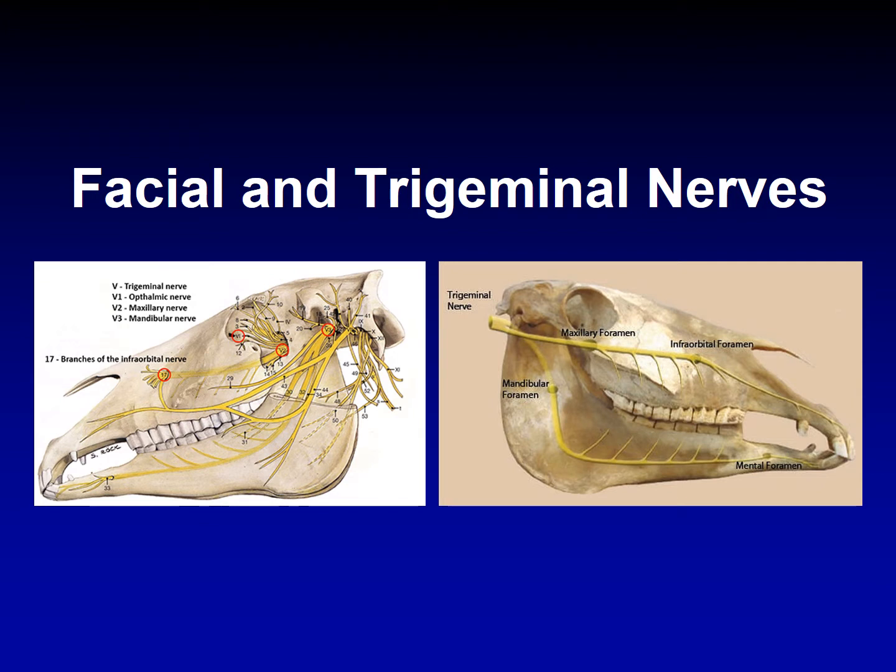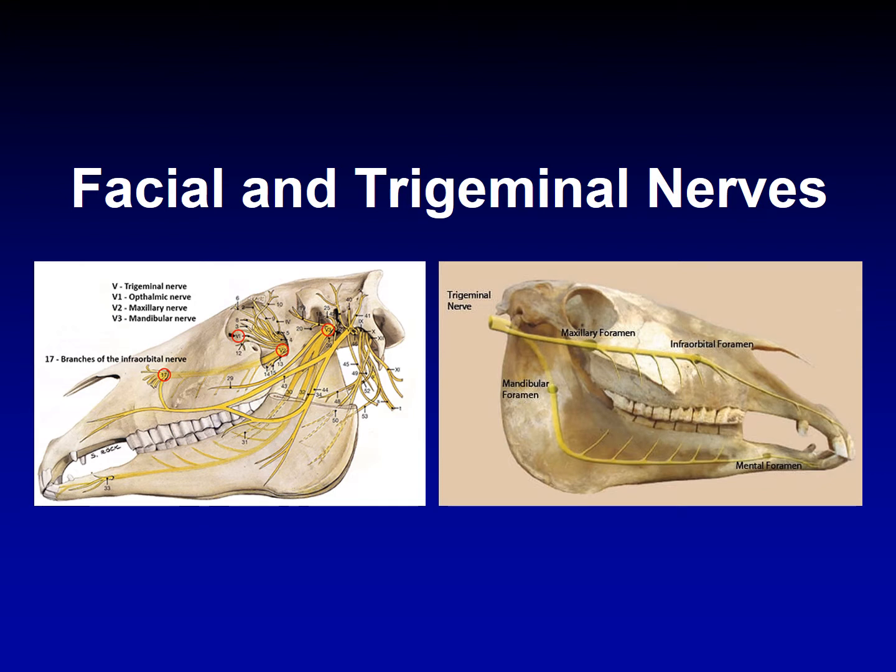In the second one, the right-hand side picture, you can see the branches of the trigeminal nerve. The trigeminal nerve gives you the mandibular nerve, the infraorbital nerve, and the mental nerve. All of these are coming from the trigeminal.